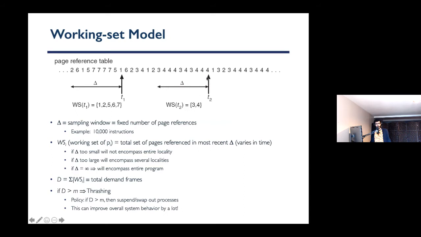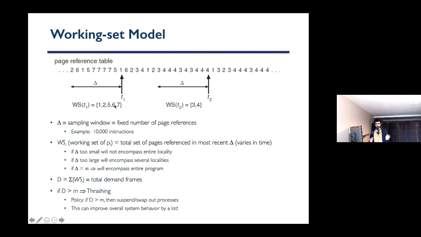So if I'm at time t2, I look at the past references in this window, I see a lot of page 3 and page 4 being accessed. So my working set is 3 and 4. If I'm at this time and I look back at my references, I see I have references 1, 2, 5, 6, and 7.